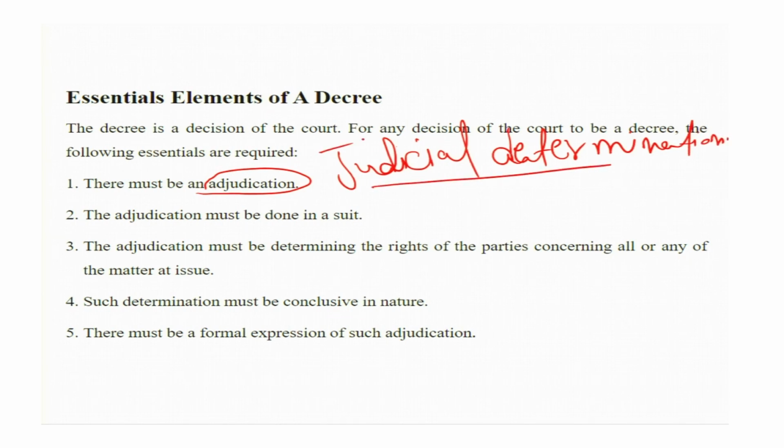In order to come to know what is a decree, you have to understand there must be an adjudication in a civil matter, what you file through the presentation of plaint under Order 7 of CPC, and that must be judicial determination. If you get any adjudication from others, for example in any administrative matter, or by an authority which is not a court, then that kind of order is not a decree.